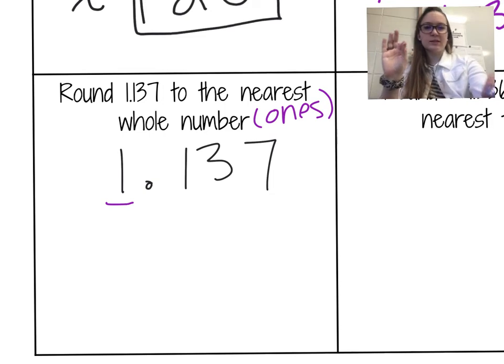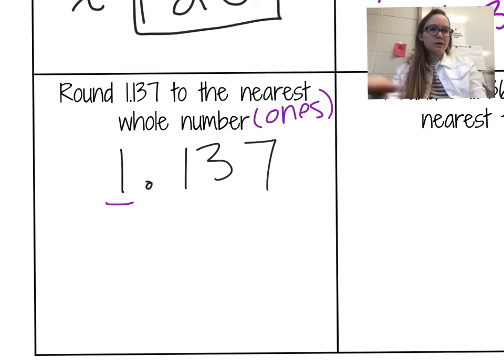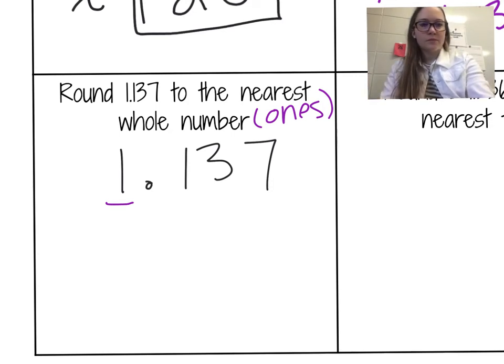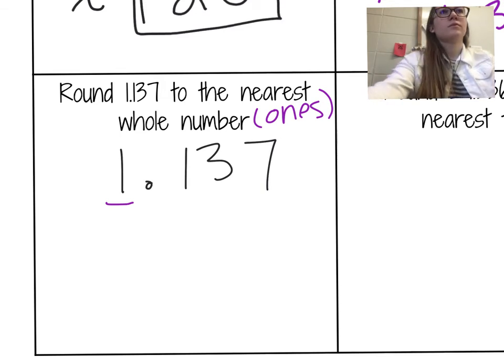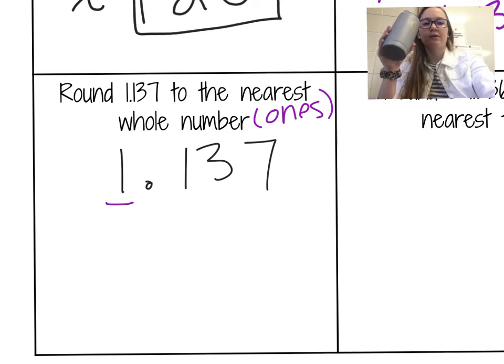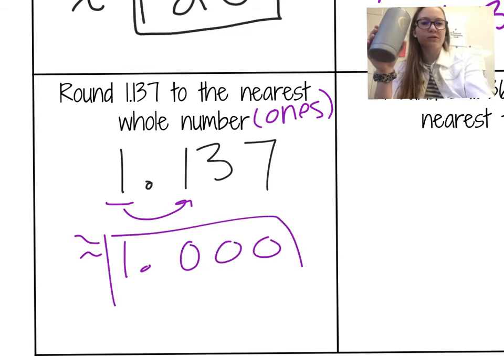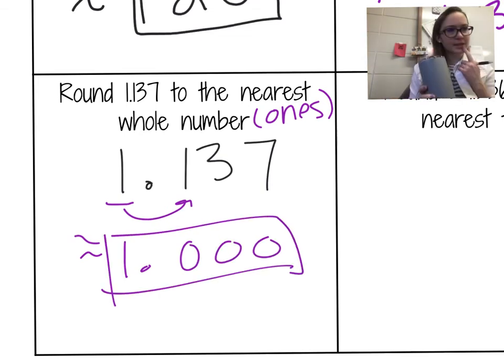So the 1 stays the same. Oh, sorry, the nearest, sorry. Let me go back. So that 1 stays the same, then everything else goes away. So it just rounds to 1. I accidentally rounded to the tenths. So if you caught me, good job.